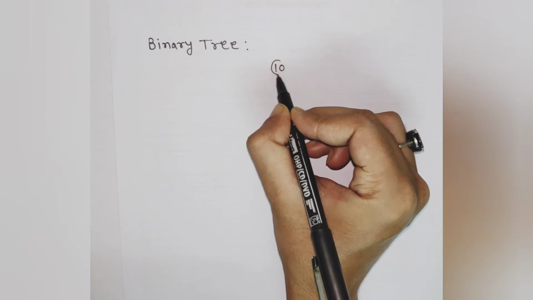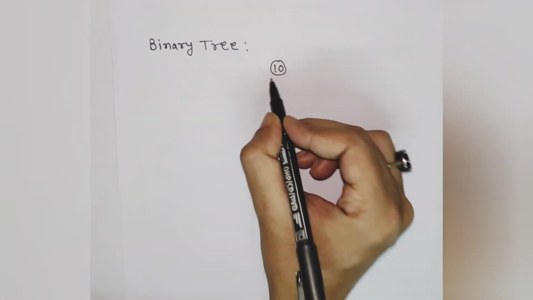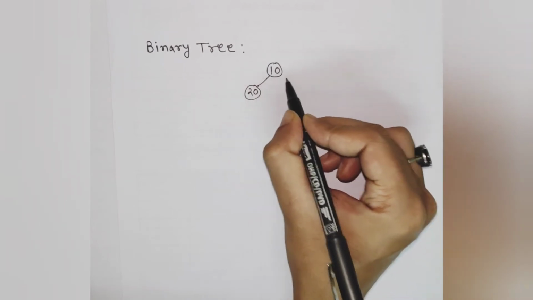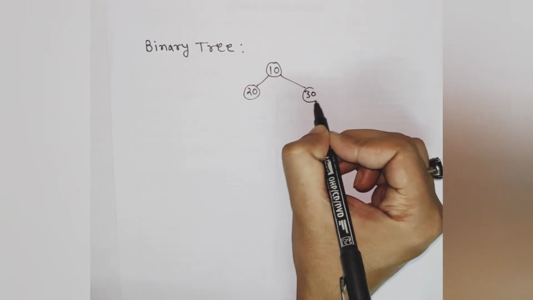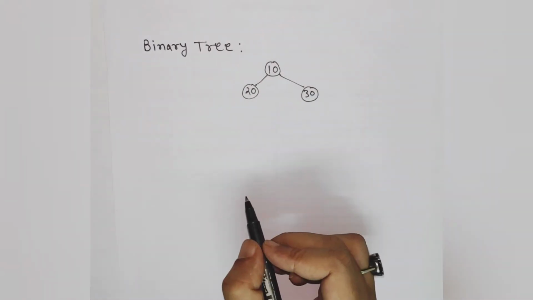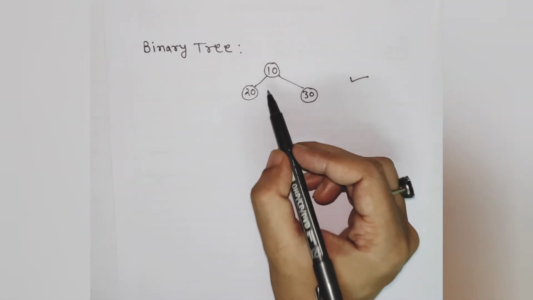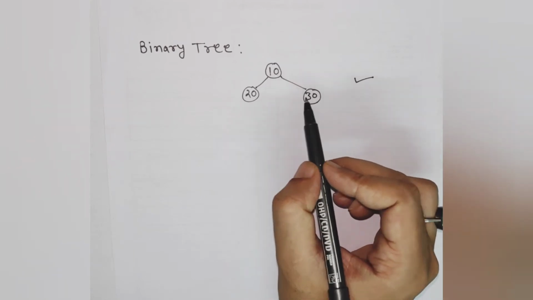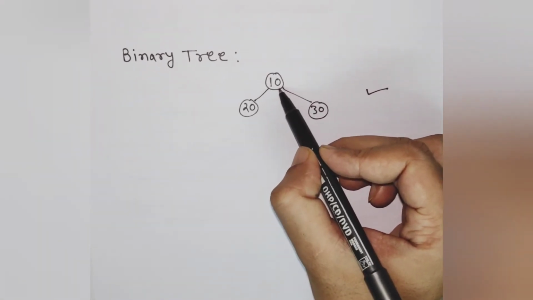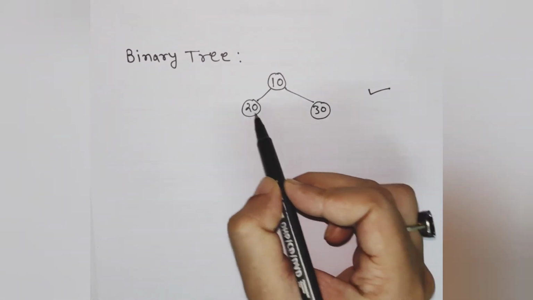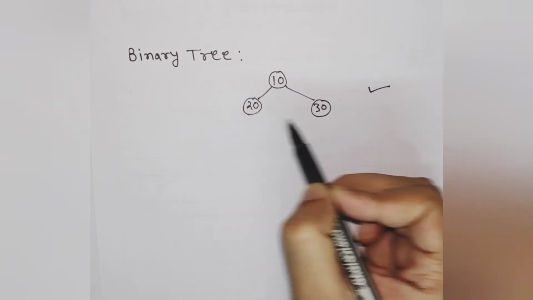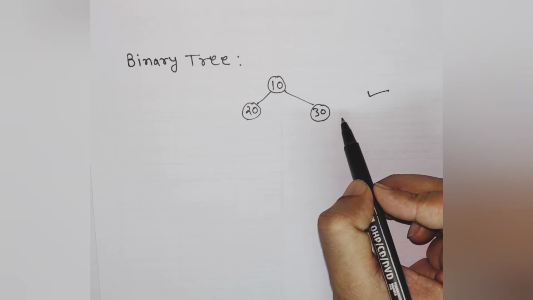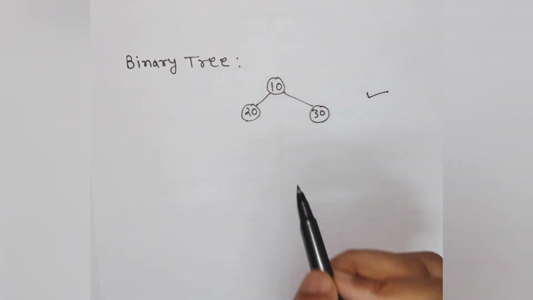This is a binary tree because every node has only 0, 1 or 2 children.